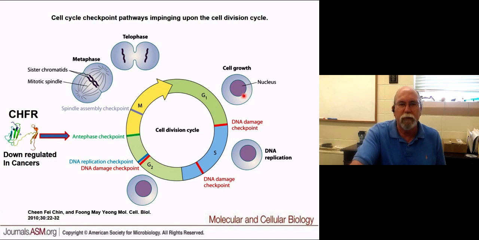That checkpoint has a number of proteins that come into play. They check to make sure that the spindle fibers and the spindle mechanisms can assemble correctly, that everything can happen. If they can't, in a normal cell, what they'll do is slow down the process until the proteins can get there to make the system work. But they can completely block the system, in which case the cell will eventually keep going and end up back in G1.